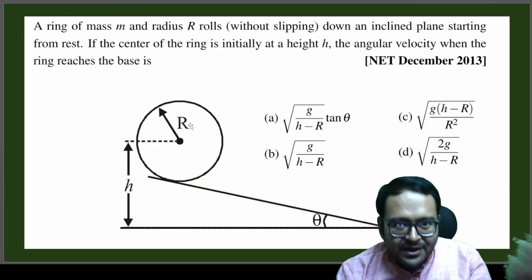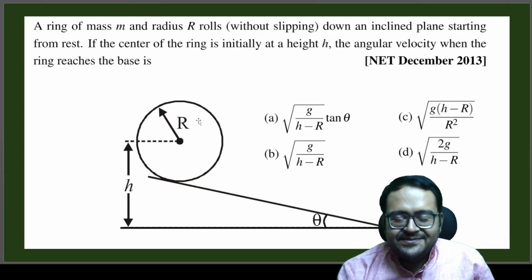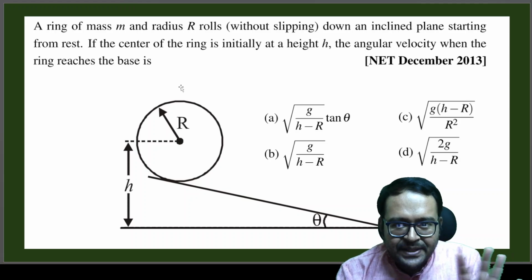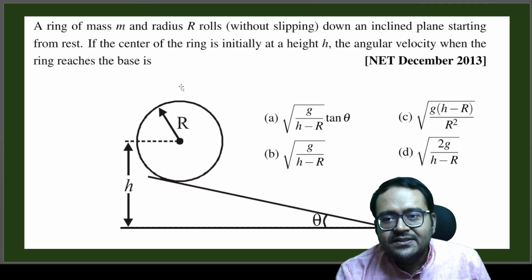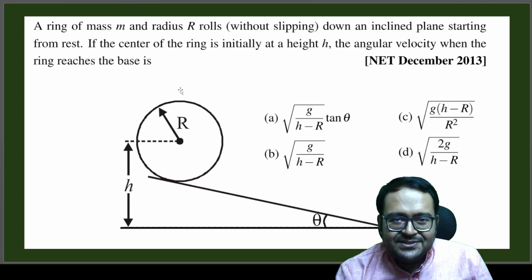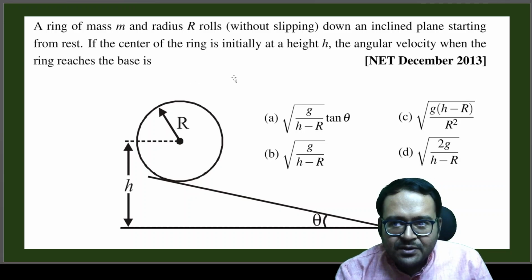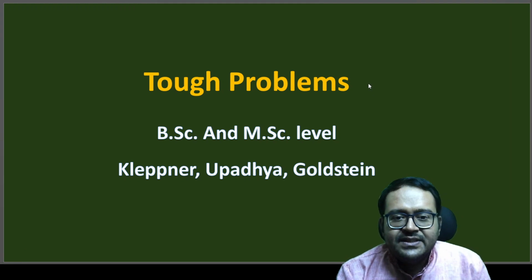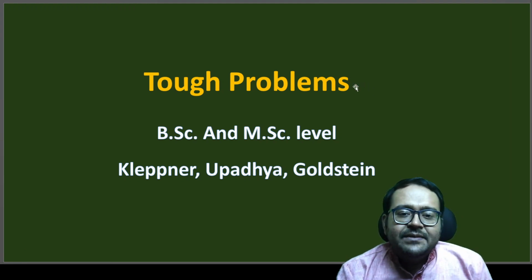This is a planar motion of a rigid body, not a space motion of a rigid body. Rigid body advanced problems are also there. So we go to tougher problems, let's say B.Sc and M.Sc level problems.